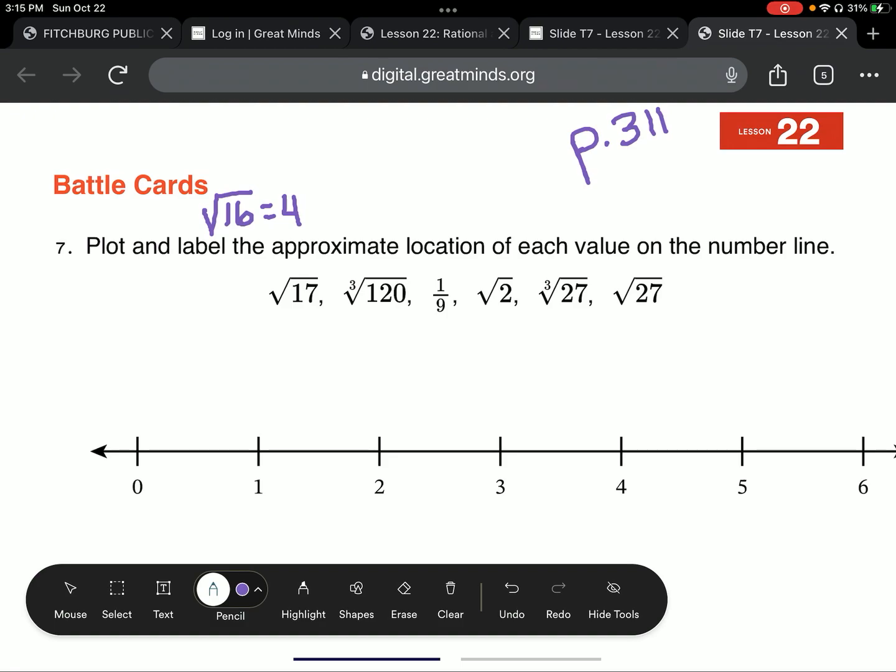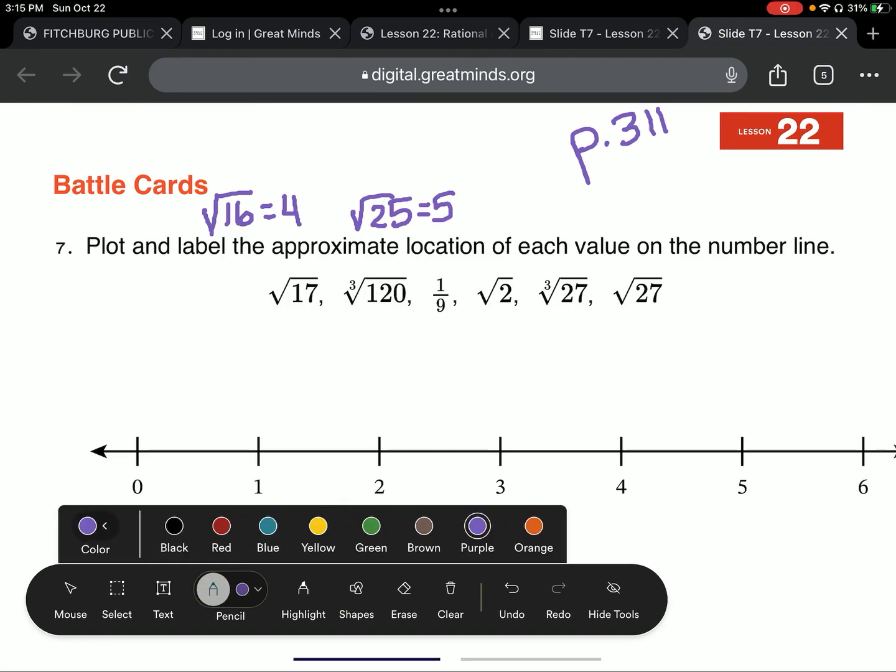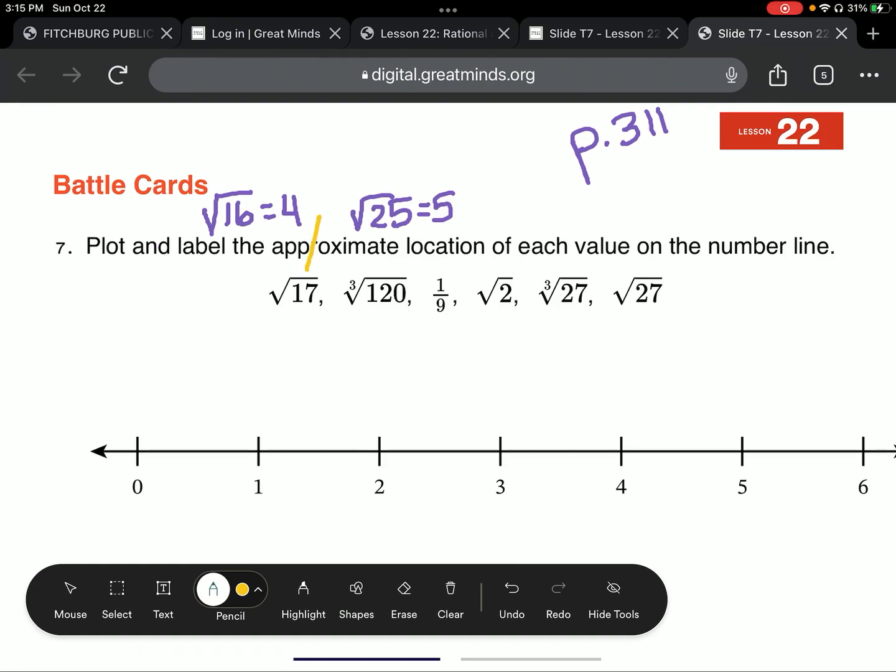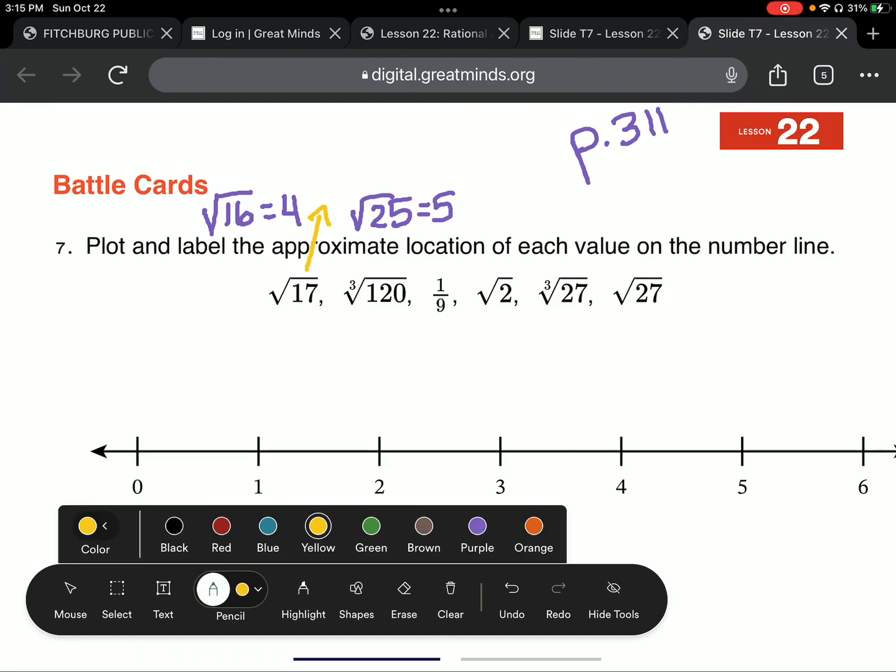And then I know the next perfect square is 25. The square root of 25 is 5. So I know the square root of 17 is going to come in between the square root of 16 and the square root of 25.